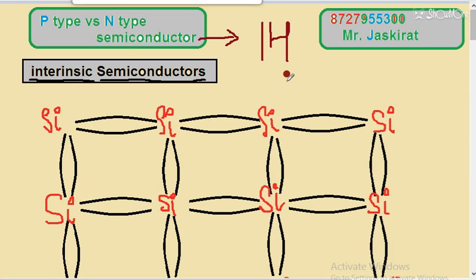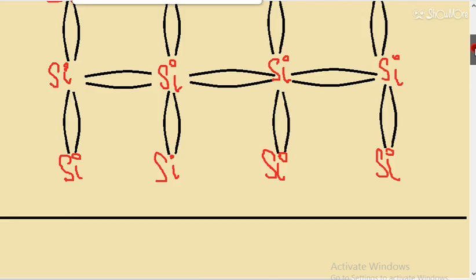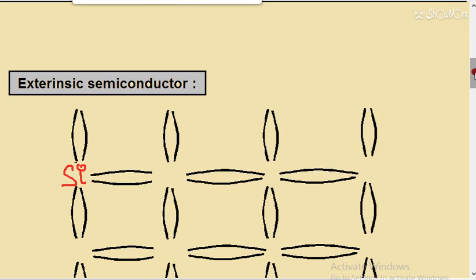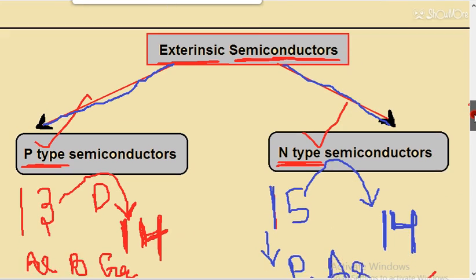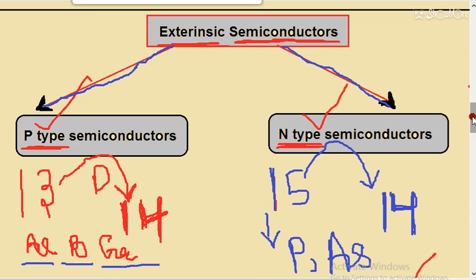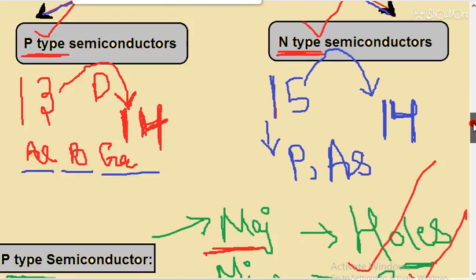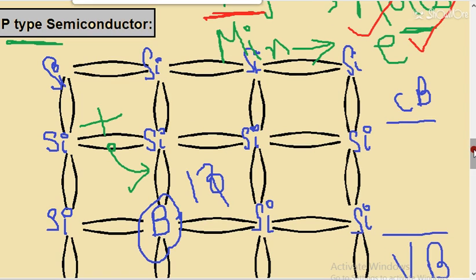We started the lecture with intrinsic semiconductor, then we saw extrinsic semiconductor, and then two types of extrinsic semiconductor: how we get the p type and how we get the n type. Then we discussed p type semiconductor where trivalent impurity is added.